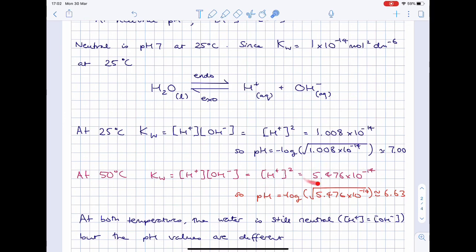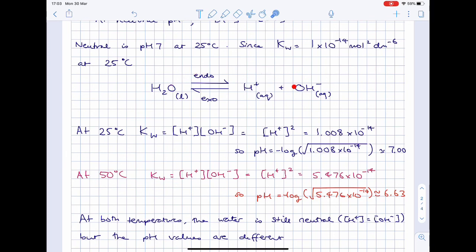If I take the square root of this value, I get H+ concentration, and if I plug it into minus log of H+ concentration, I get the pH. You can see that the pH is a different value to 7, so it's no longer 7. This doesn't mean it's not neutral, and it doesn't mean it's acidic. It just means that the neutral pH at 50 degrees isn't 7, it's actually 6.6.